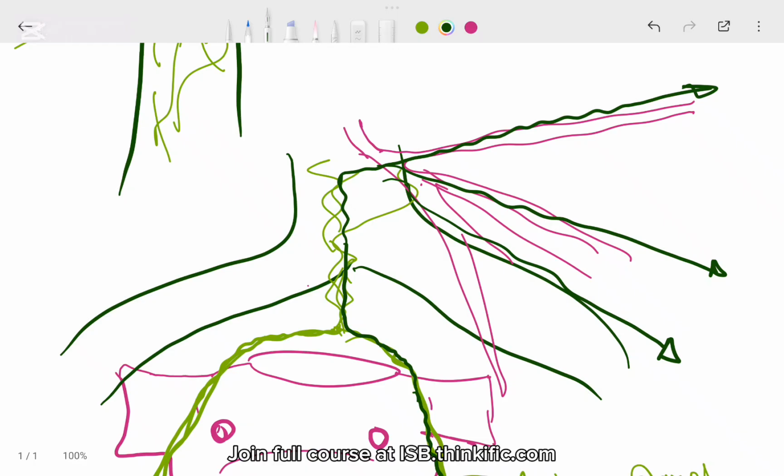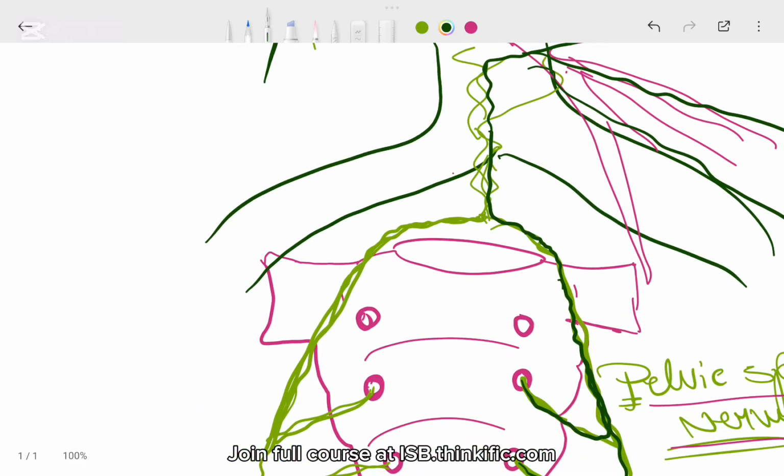Okay? So if they ask you in the exam, the hypogastric nerve contains what? Or the hypogastric nerve contains all of the following except. What does it contain? Very simple. It contains sympathetic fibers. If you remember, lumbar splanchnic nerves, which are postganglionic, have entered the prevertebral plexus, descended down through the hypogastric nerve to reach the pelvis.